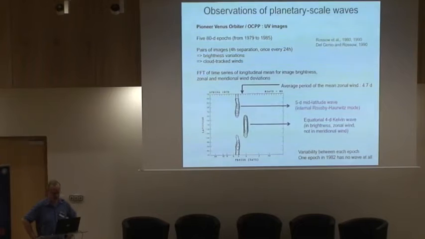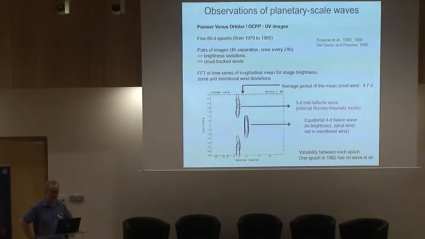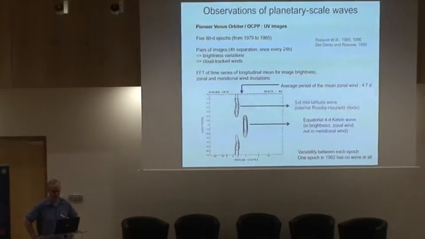And you may see here the results of this Fourier transform from a series of images, exhibiting very clearly several waves, mainly two waves here, that is a Rossby wave of period 5 days, a retrograde wave, and an equatorial Kelvin prograde wave, which is seen both in brightness and in zonal wind.